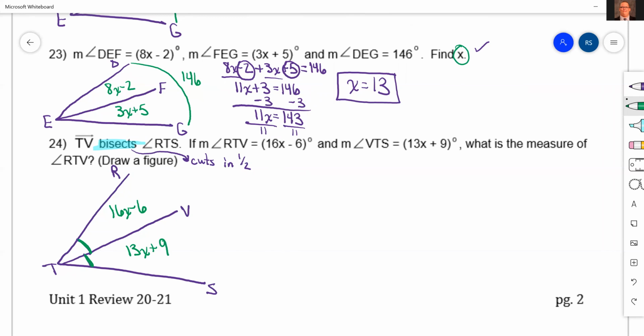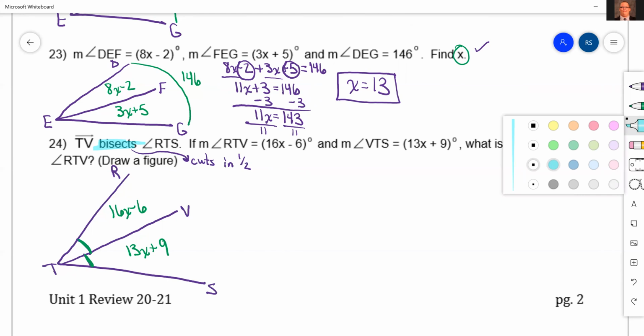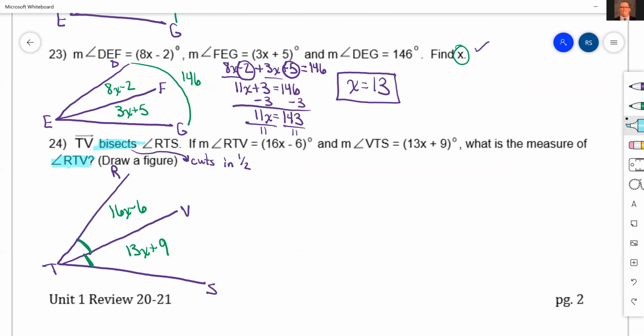What is the measure of RTV? That means they want us to find RTV. So what is this angle equal to? That's what we're finding. First, I got to find x, though. I don't even know what x is.